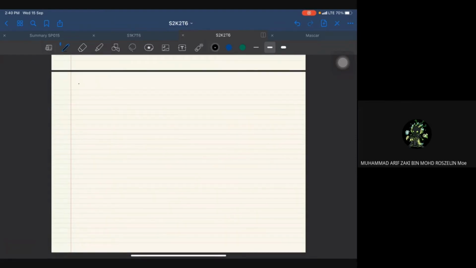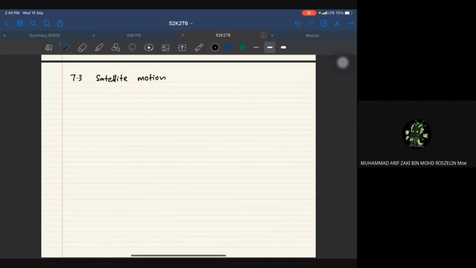Now 7.3. It's about satellite motion. Okay, satellite ni tak terhad kepada satelit MEASAT ke apa ke. Dia any object yang ada orbit yang bergerak mengelilingi something, circular motion. That one is what we consider as satellite. Rocket pun kita consider sebagai satellite juga. Anyway, kita ada terbahagi kepada two parts.